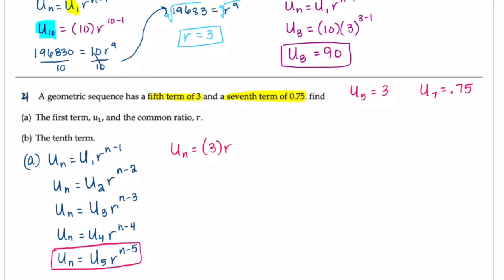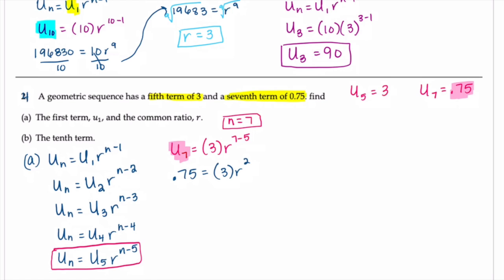Now, one little thing is that I'm going to make n equal to 7, and you will see why right now. If I make my n equal 7, that means that I know what u sub 7 is equal to. So I'm going to replace that value.